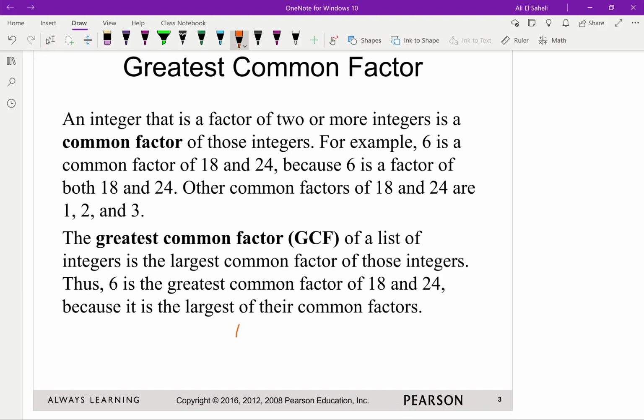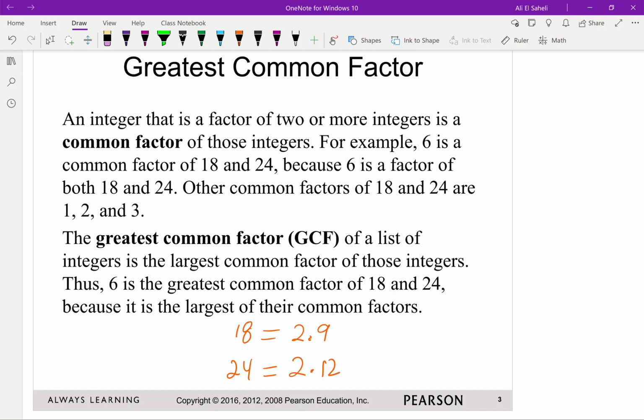For instance, 18 can be written as 2 times 9, and 24 can be written as 2 times 12. So 2 is a common factor, but we can find greater numbers that are common factors. Other common factors of 18 and 24 are 1, 2, and 3.